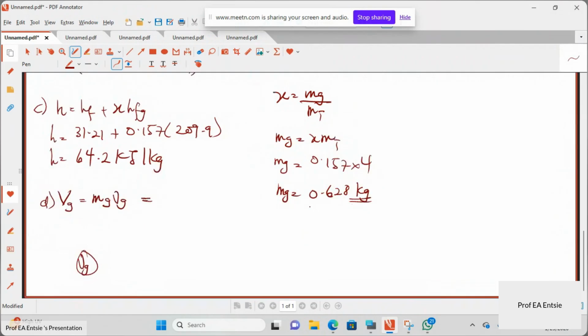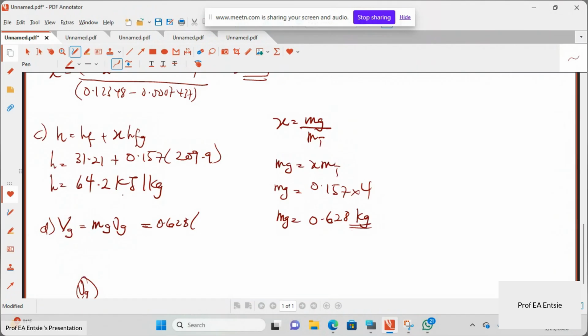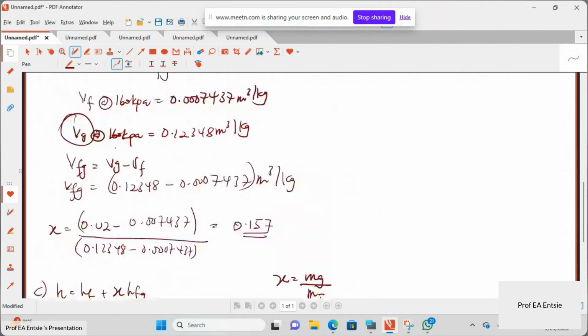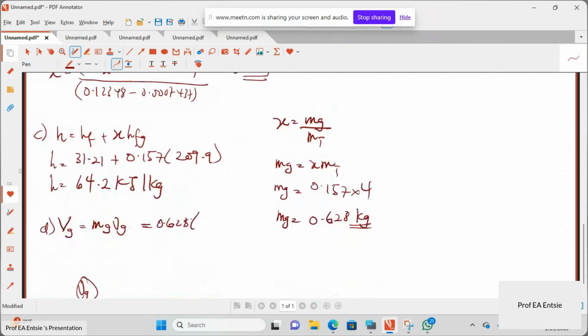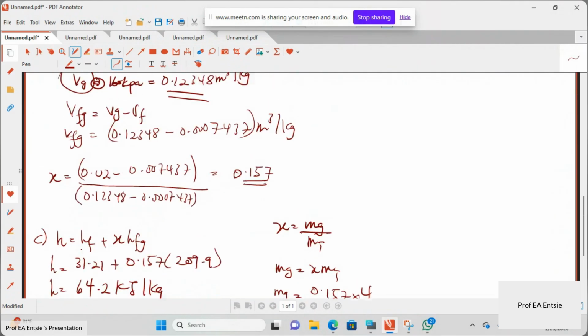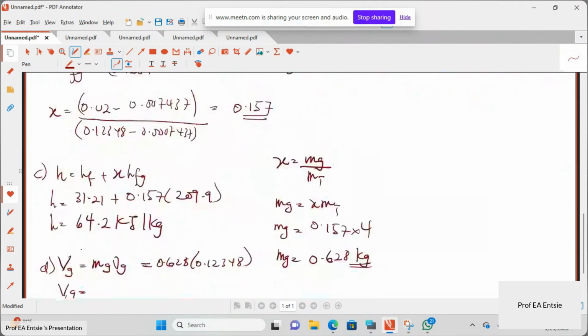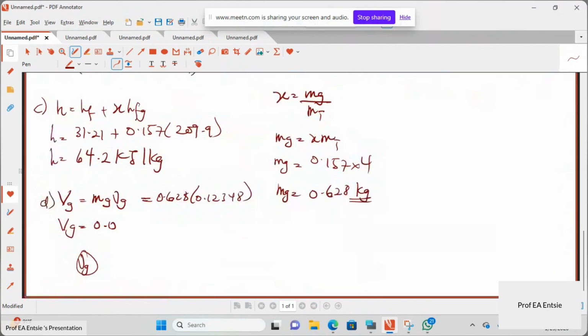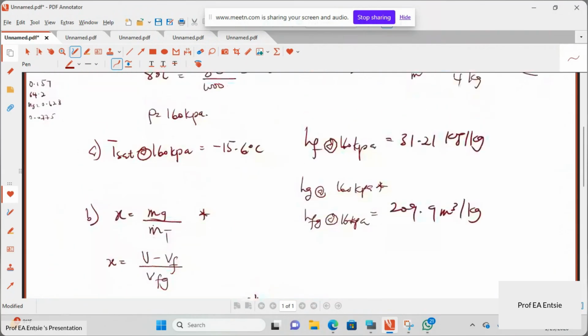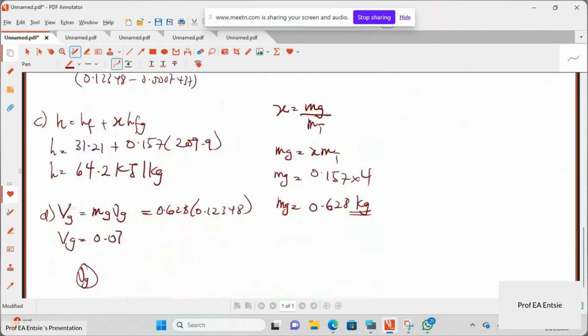Then if you have this, you put it here: 0.628 times the specific volume at the saturated vapor phase, Vg, at that same pressure, which is 0.12348. Then if your mathematics is good or your calculator is better, you should end up with 0.0775.